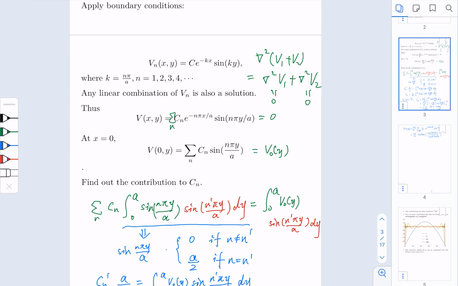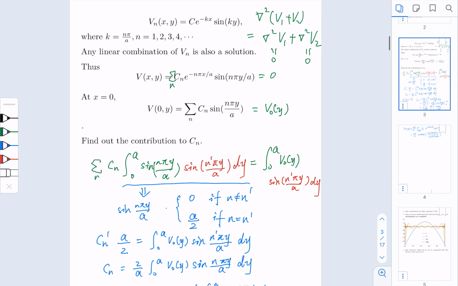If you match this Cn by calculating the overlap of the basis functions, then you get this Cn, and as you sum them all together, you will recover the boundary condition. Once you recover the boundary condition, this v of x of y is already a solution of the Laplace equation in the bulk.